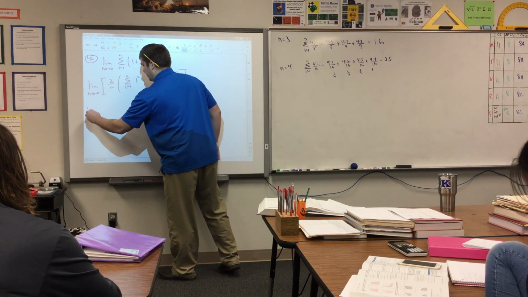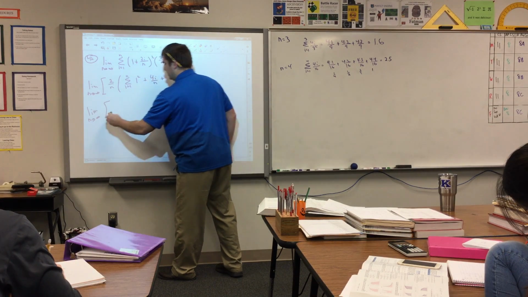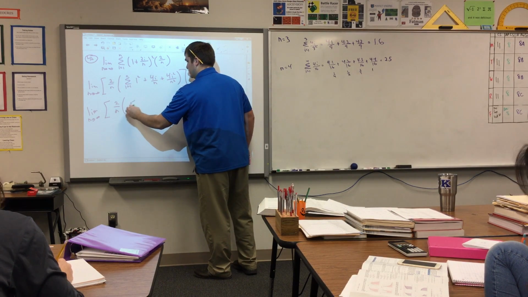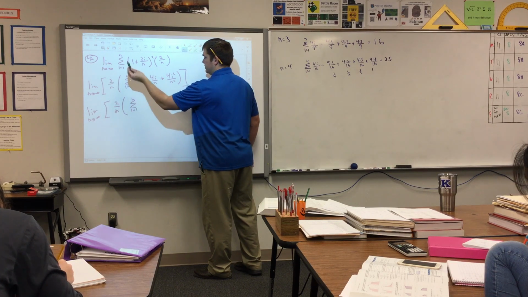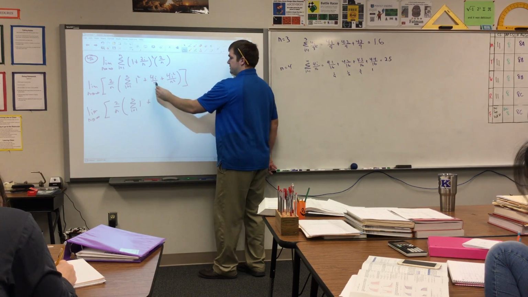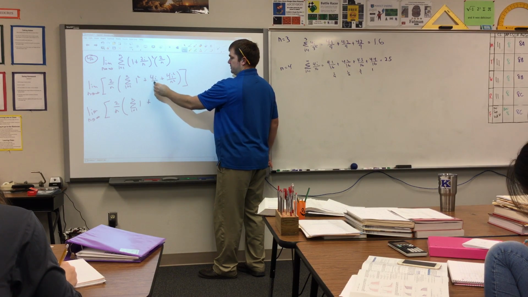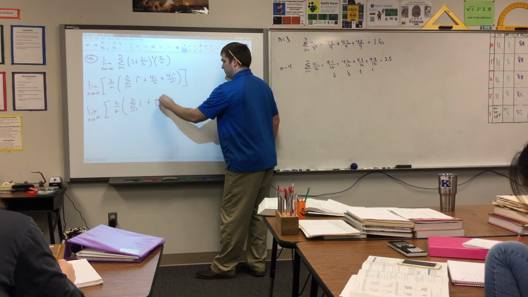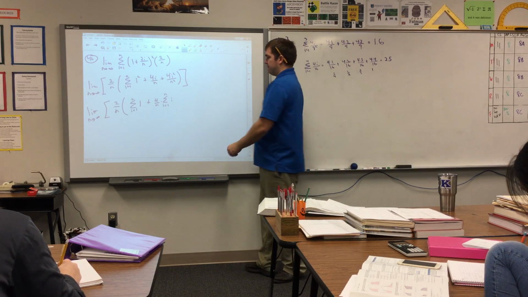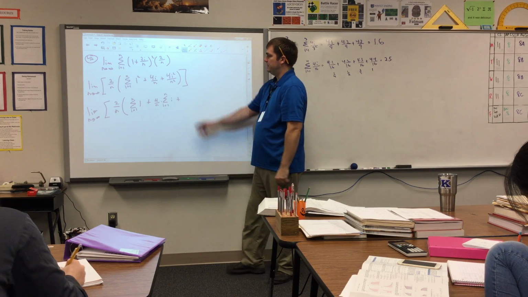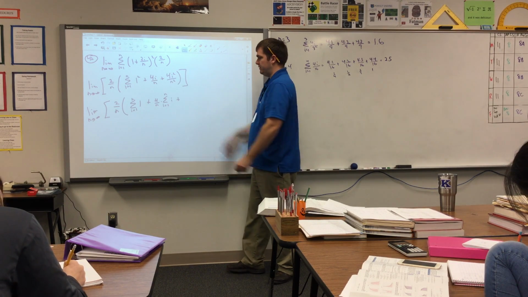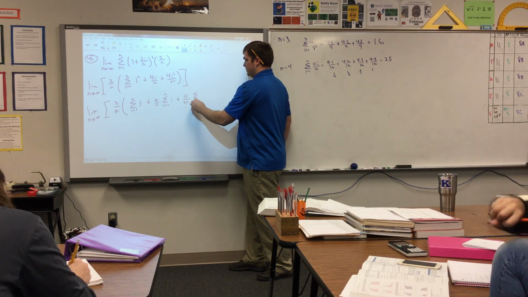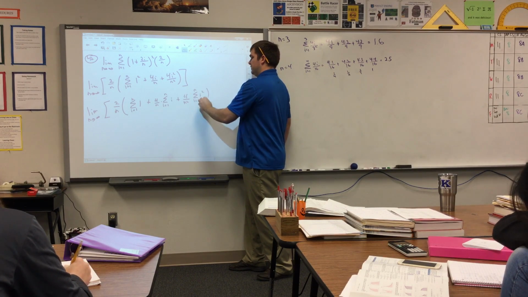So we have the limit as n approaches infinity of 2 over n times the summation from I equals 1 to n of 1 squared, well that's just 1, plus this term right here, everything that doesn't matter is the 4 over n, so 4 over n times the summation from I equals 1 to n of I, plus, in this term right here, the 4 and the n squared don't have anything to do with the I, so 4 over n squared times the summation from I equals 1 to n of I squared.